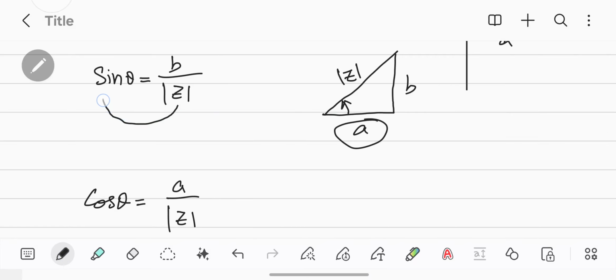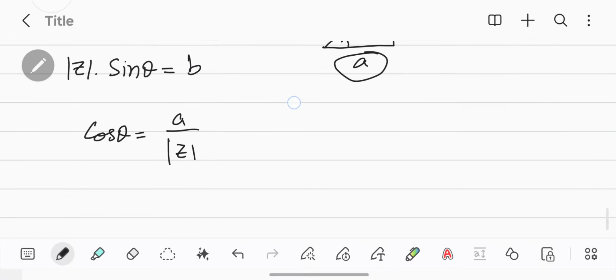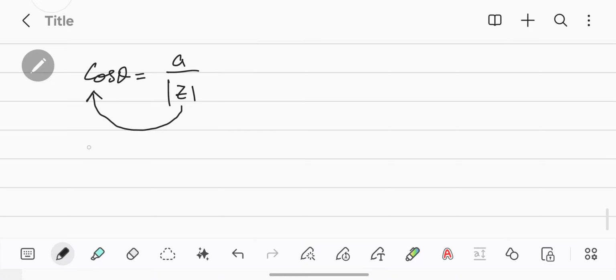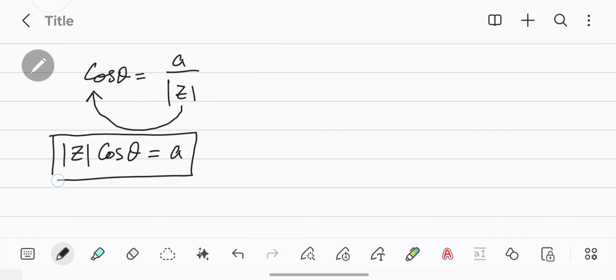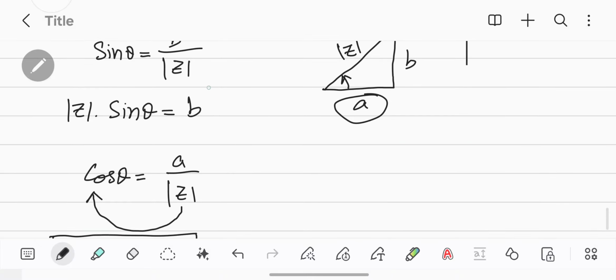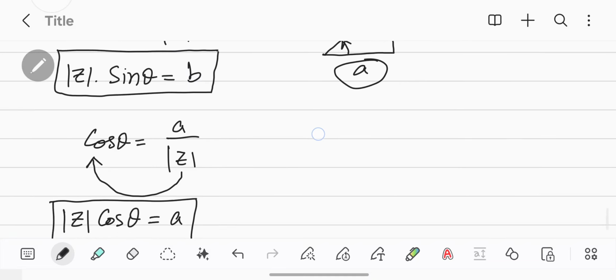If I multiply mod of Z with sine theta, I'll get mod of Z times sine theta equals B. Similarly, if I multiply mod of Z with cosine of theta, I'll get mod of Z times cosine of theta equals A. So I have the value of A in terms of modulus and the argument, and similarly I have the value of B in terms of modulus and the argument.